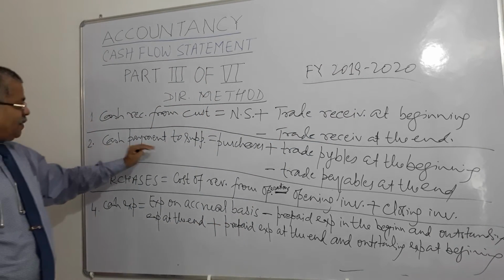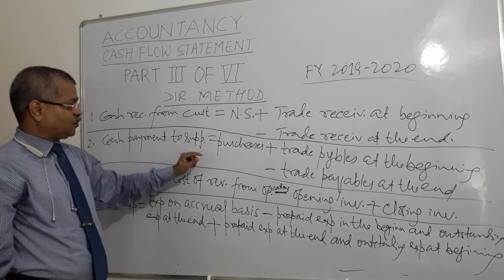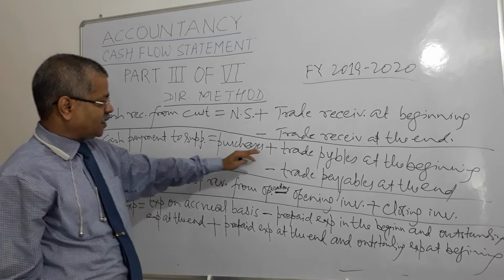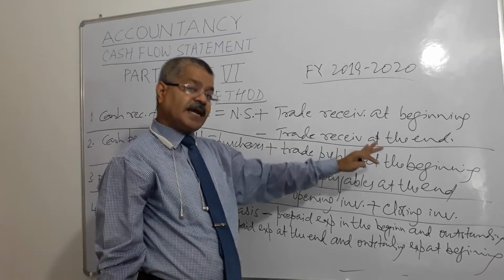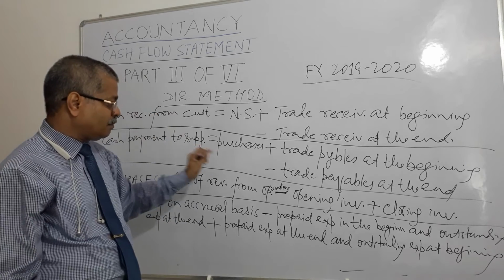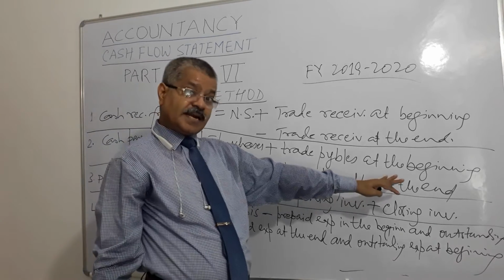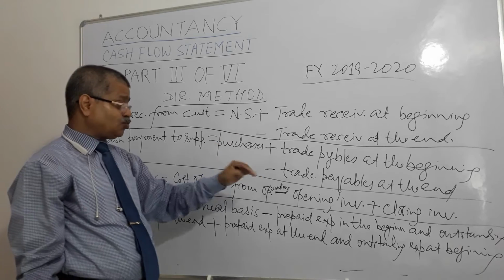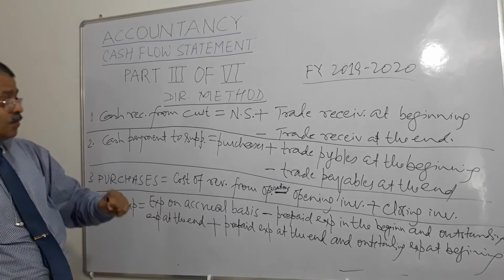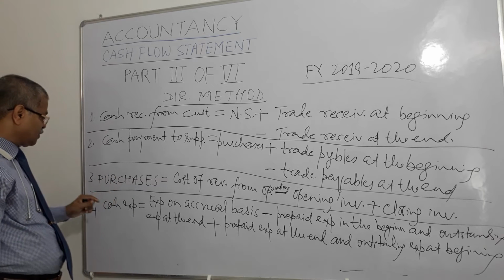Then cash payment to suppliers is equal to total purchases during the year plus trade payables at the beginning as on 1/4/2019, minus trade payables outstanding as on 31/3/20.